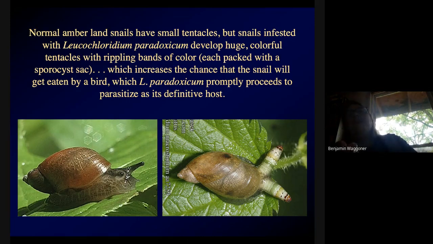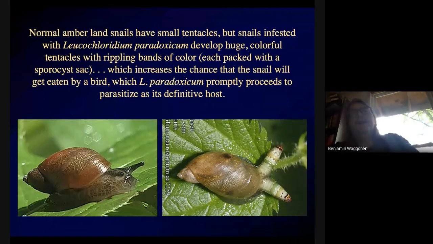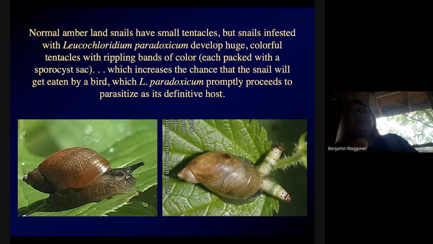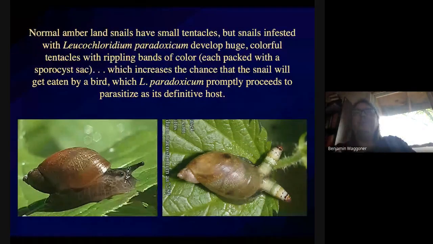And the snail can no longer pull those in. Now, since the snail can't retract and has these pulsing sporocyst sacs that look just like a tasty grub or a maggot, the snail is quite likely to get eaten by a bird. And then Leucochloridium paradoxum promptly proceeds to parasitize the bird.